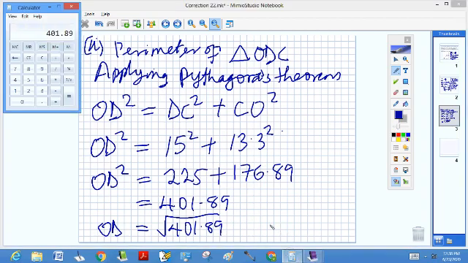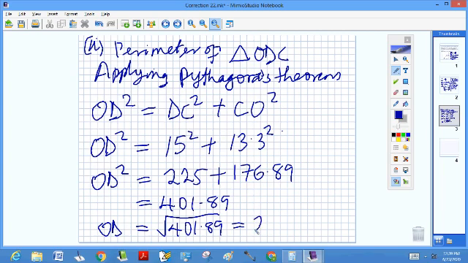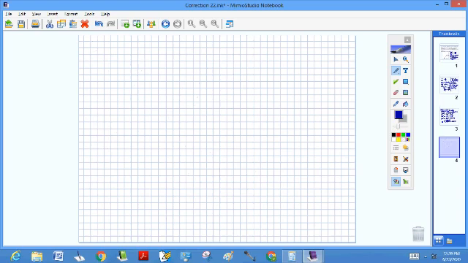That gives us 20.0 centimeter. Having found that, we now go ahead and calculate the perimeter.